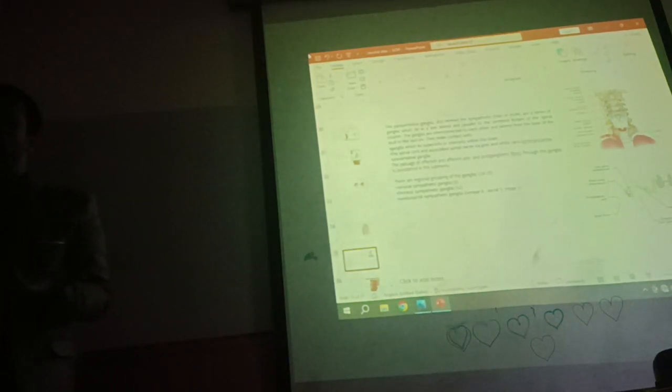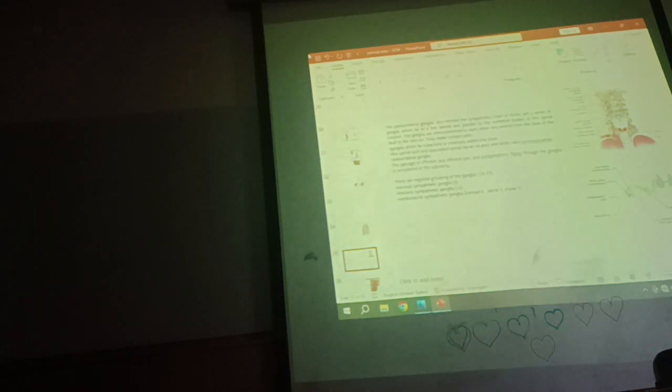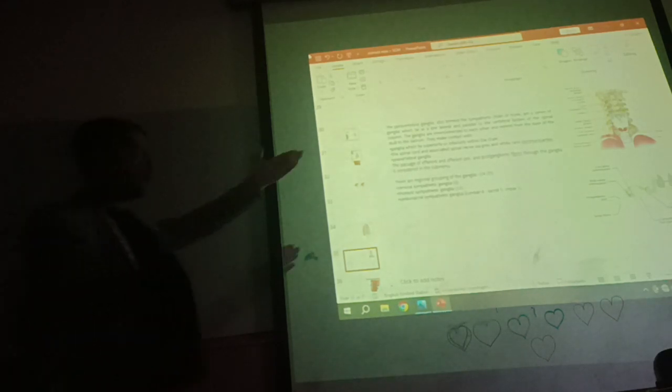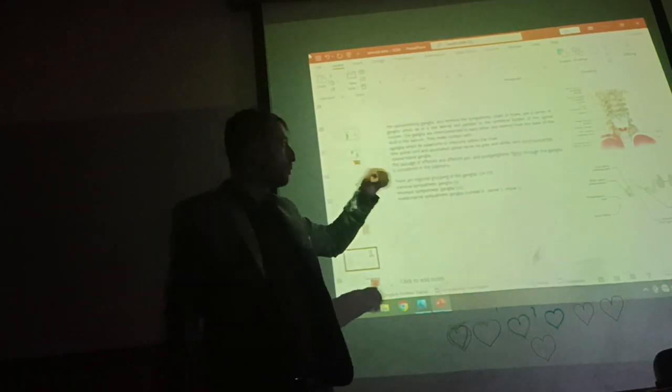vascular. For example, the sympathetic fibers which arrive at the brain. They travel along the vessels which arrive at the brain, the internal carotid artery and internal jugular vein. They have sympathetic fibers derived from this ganglion.